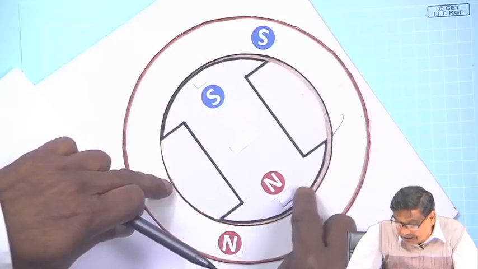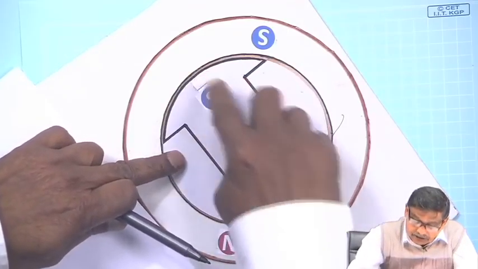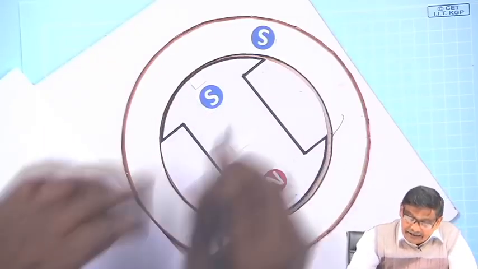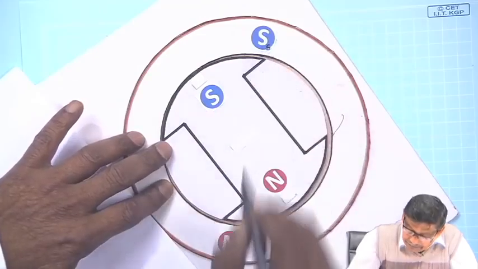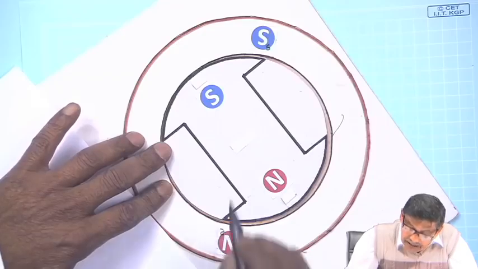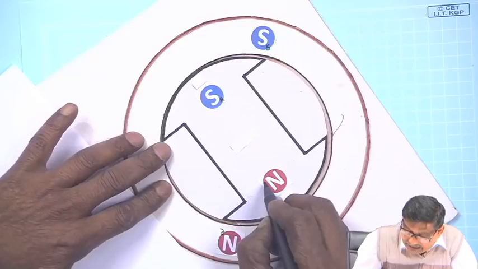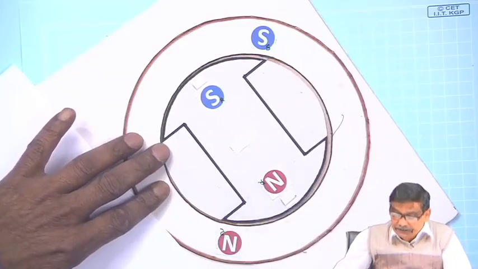North pole is on the outer surface of the rotor, south pole is outer. These are SR and NR, mind you, and this, if you allow me, I will write SS, NS, and this is SR and this is NR. Understood?